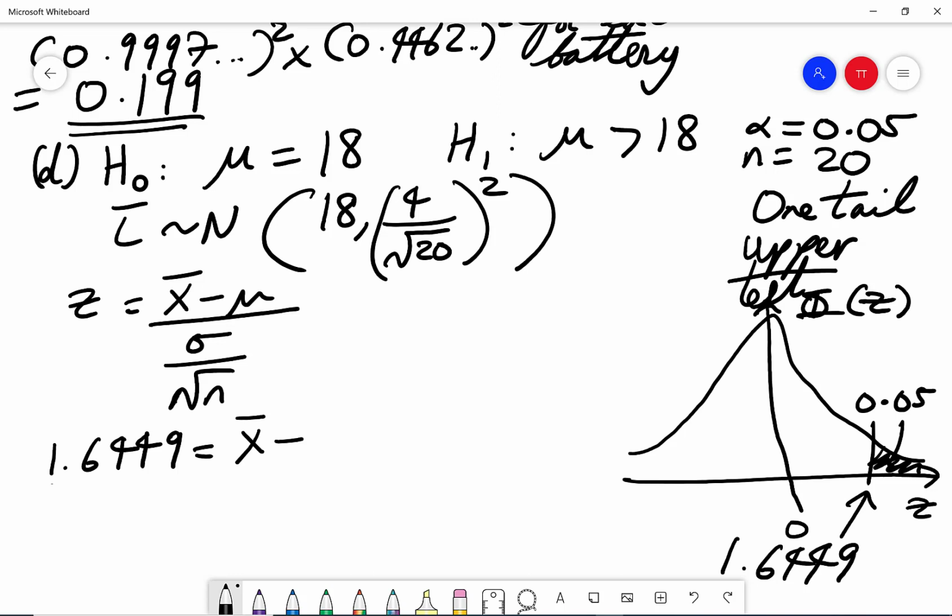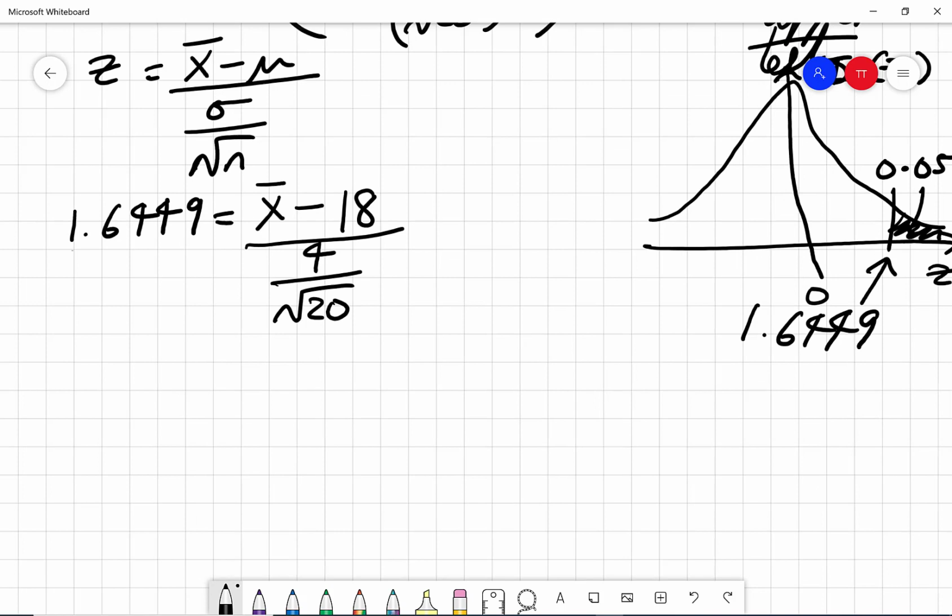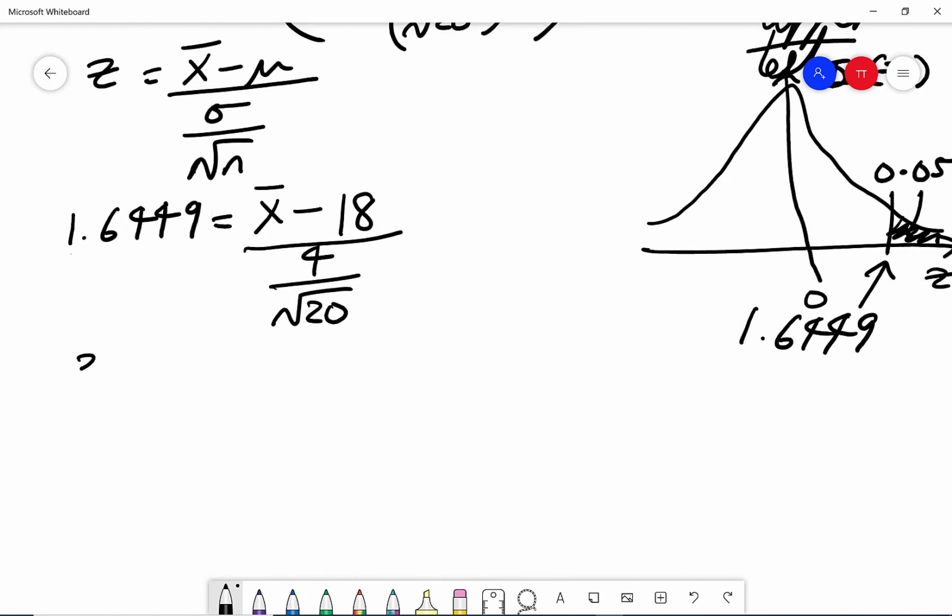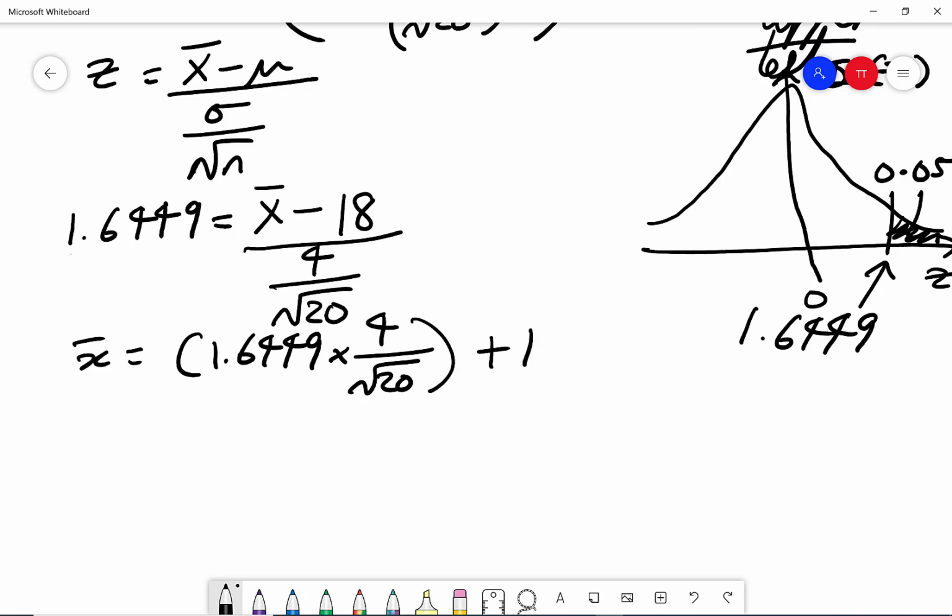Now we want to work out what x bar is, so we write x bar minus the mean, which is 18, all divided by 4 over the square root of 20. I can manipulate that to find the value of x bar, and that's just going to be 1.6449 times 4 over root 20 plus 18, and that's going to give me that x bar is approximately 19.5.